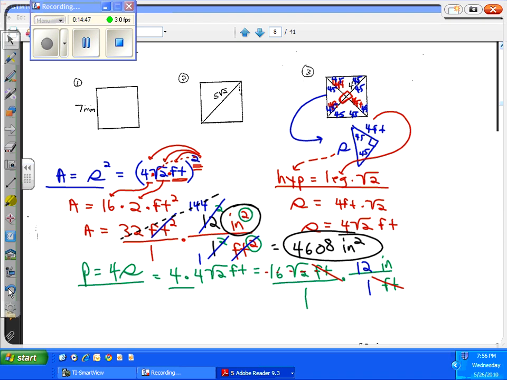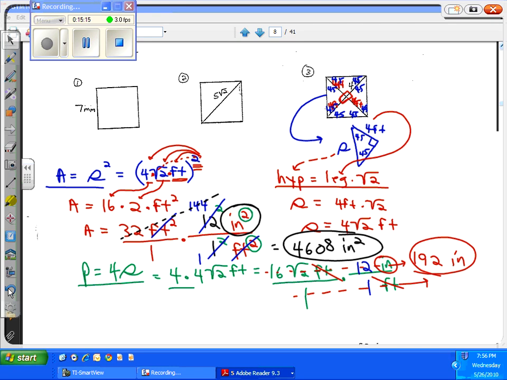The name feet cancels. We multiply. 12 times 16 is 192. We gain the name inches over 1, which is 192 inches. Any questions on example 3 for the squares?